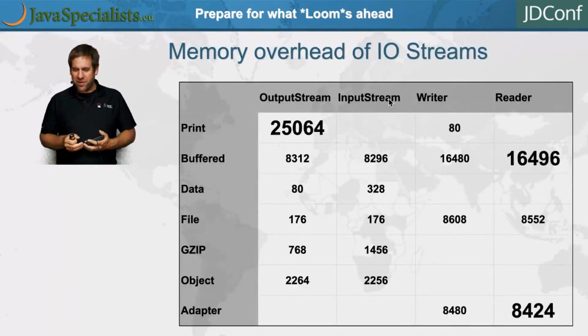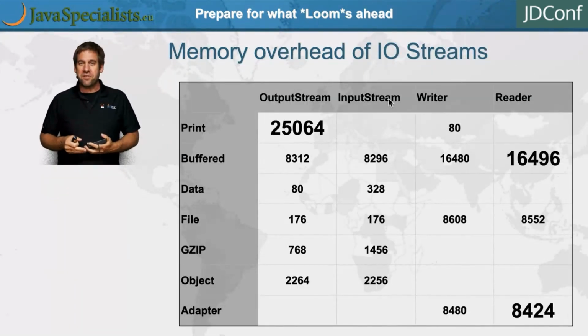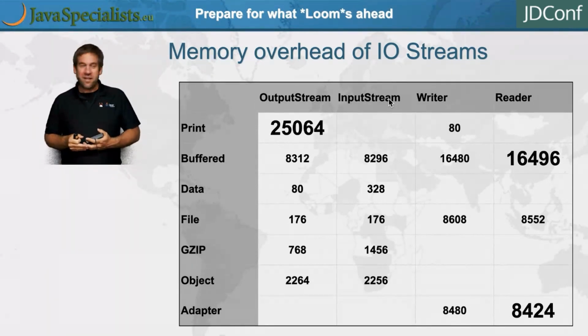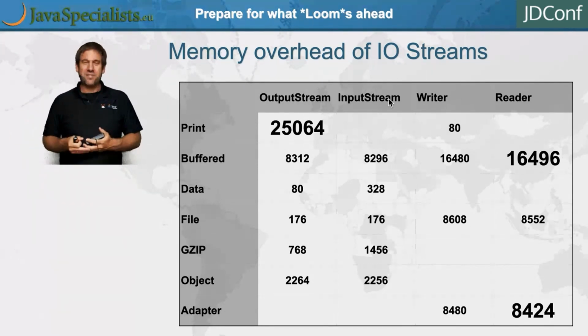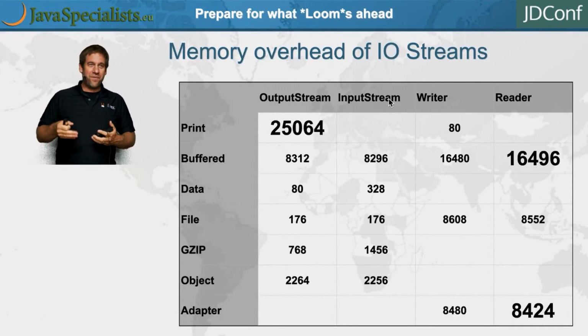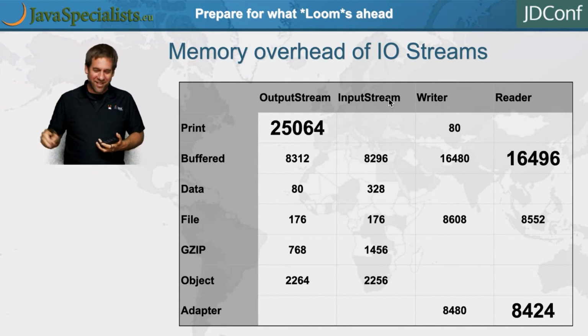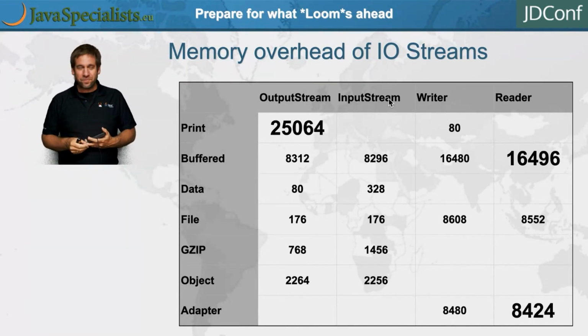So this is something which really surprised me. The print stream uses 25 kilobytes per print stream, right? And if you only use 3 print streams, it really doesn't make a difference. But if you create 2 million print streams, all of a sudden you've got 50 gigabytes of memory just wasted, an empty space of buffers for print streams.